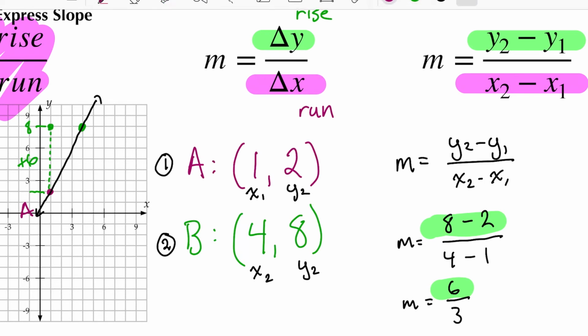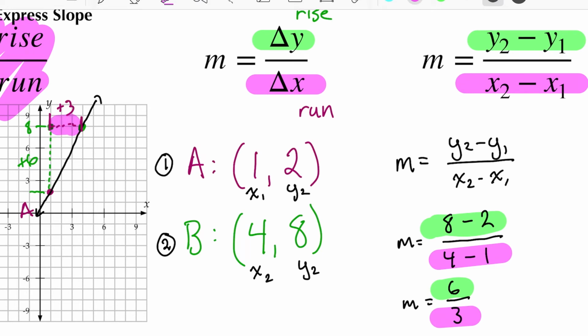Now let's look at our run. Our run starts right here at plus 1 and goes over to plus 4. So let's look over here. Our run is 4 take away 1, which gives us a run of plus 3, which is right there. There's our run. So there's our rise and there's our run.